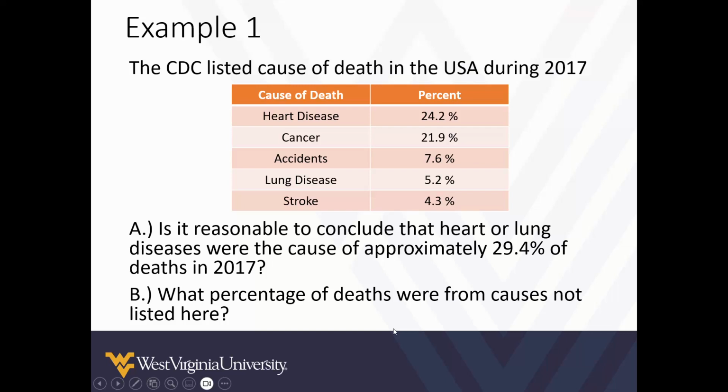Part B: what percentage of deaths were from causes not listed here? All right, so let's think about this. What is the total percentage of causes of death? Hopefully you're thinking that out of percentages, that's 100%.